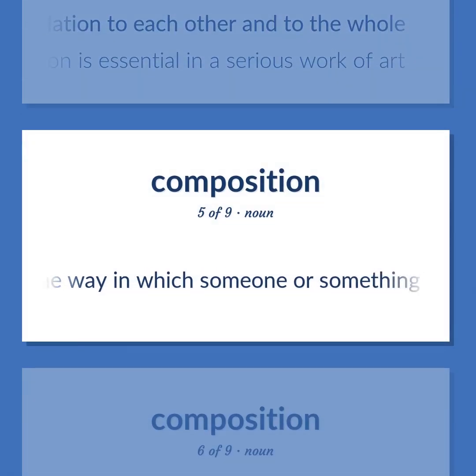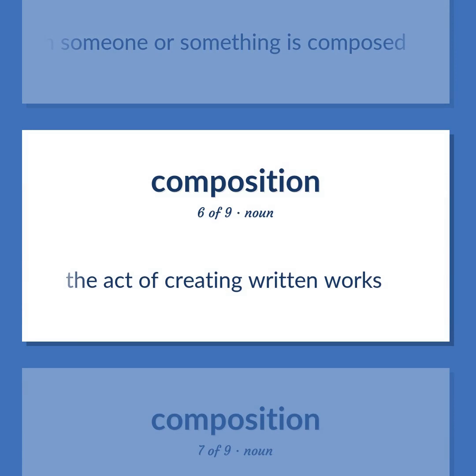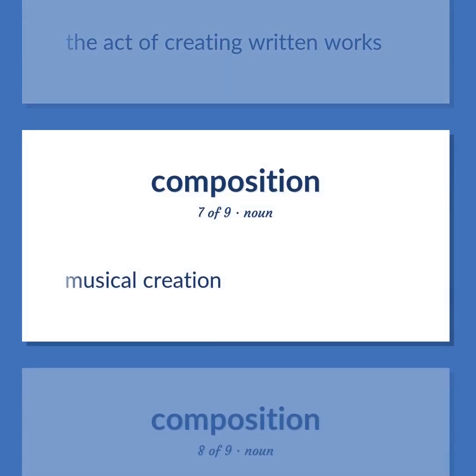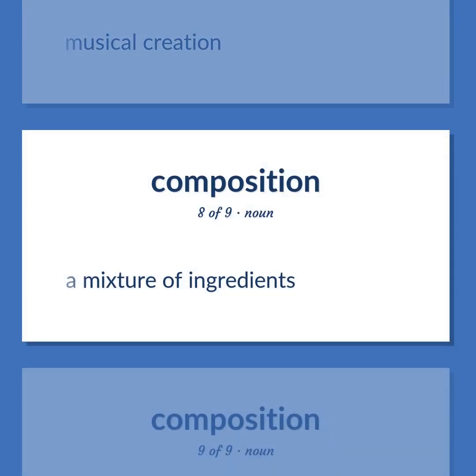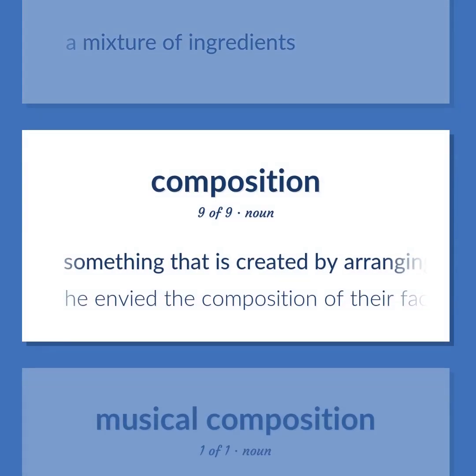The way in which someone or something is composed. The act of creating written works. Musical creation. A mixture of ingredients. Something that is created by arranging several things to form a unified whole.